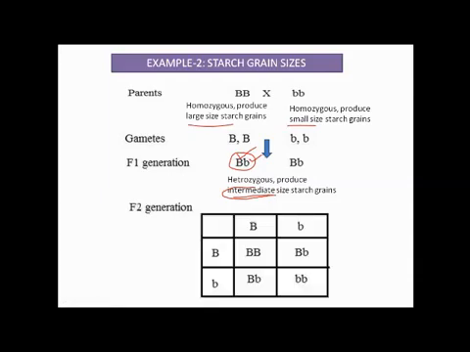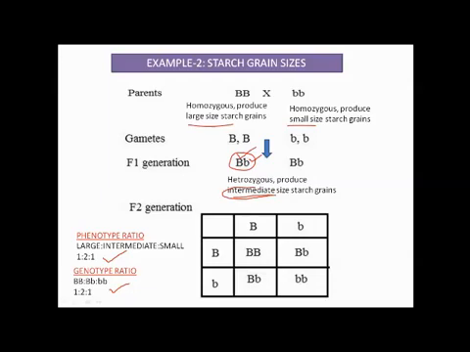Then again the selfing was done and the same results can be seen. That is, the phenotypic result is one large, two intermediate and one small, and the genotypic ratio is homozygous dominant 1, heterozygous 2 and homozygous recessive 1. So the results are similar in both phenotypic and genotypic ratio.